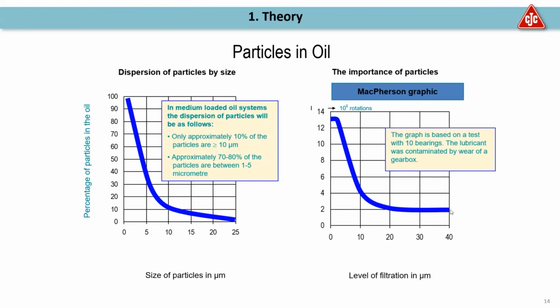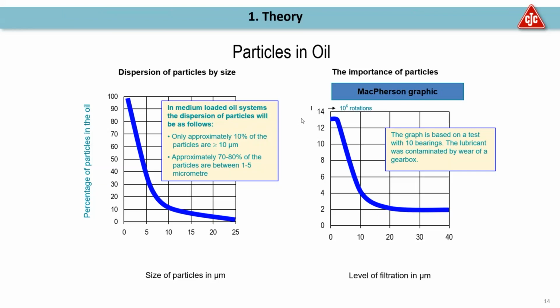Filtering with 40 micron, 30 micron, 20 micron didn't really make any difference for the life expectancy of that bearing. Filtering at 10 micron, he first doubled the life of the bearings. But most of the benefits of finer filtration, in the range of 1 to 3 micron, gave him a longer life of bearings, up to 6 to 7-fold.